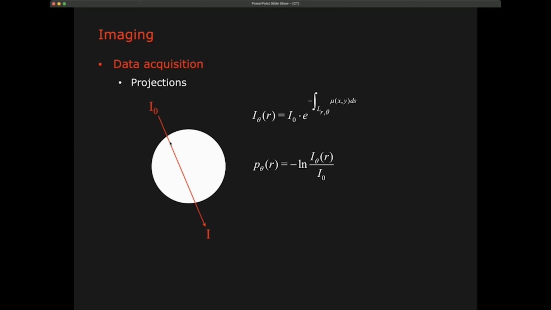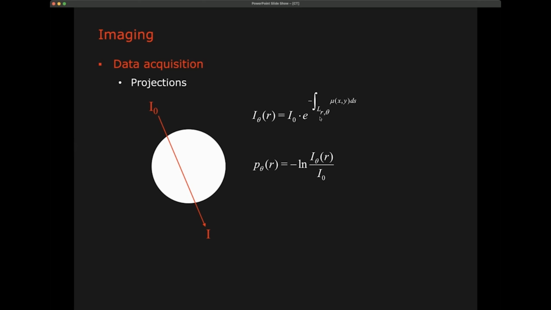Since we're talking about non-homogeneous tissues, with different types of organs, we have a whole distribution of different types of tissues. What we need to do is integrate over every position that we pass through.